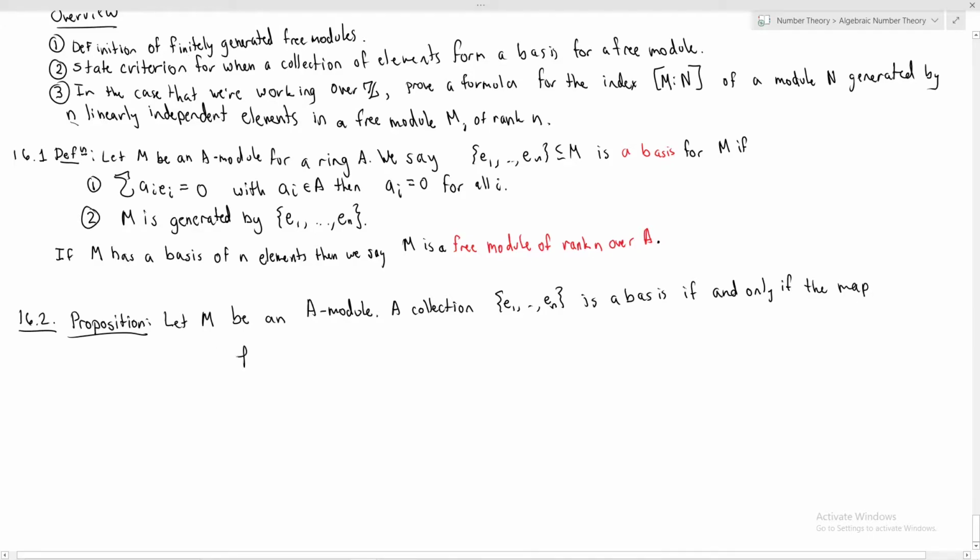The map from A^n to M sending delta_i to e_i, where delta_i is 1 in the ith component and 0 elsewhere.